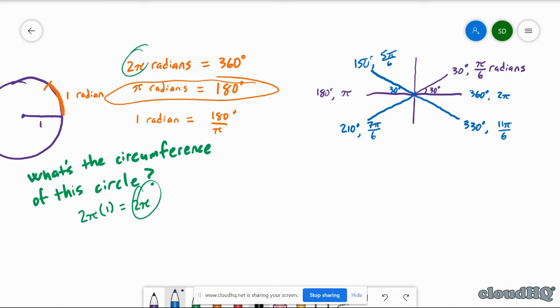Once again, I'm not going to ask you to memorize those connections. But if we're thinking about 30 being 1/6 of 180, then we should be able to come up with those pretty quickly.